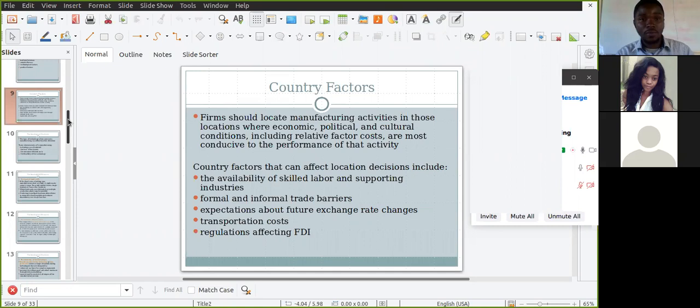Technological factors as well. It's not every technology that you possess as a firm. Hence, that becomes a challenge, because some products need other technologies that you might not have as a firm, and you need to employ them from other sources. Hence, that is a factor on its own which is going to affect your business and your desired location.